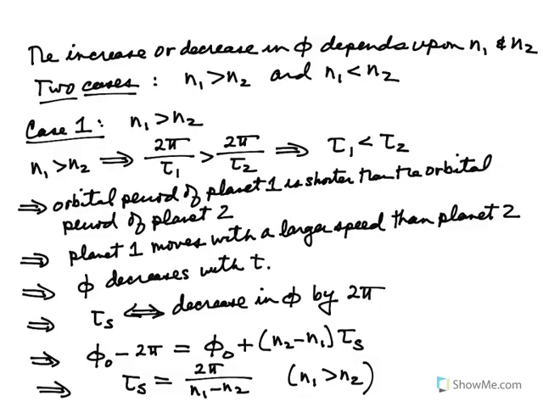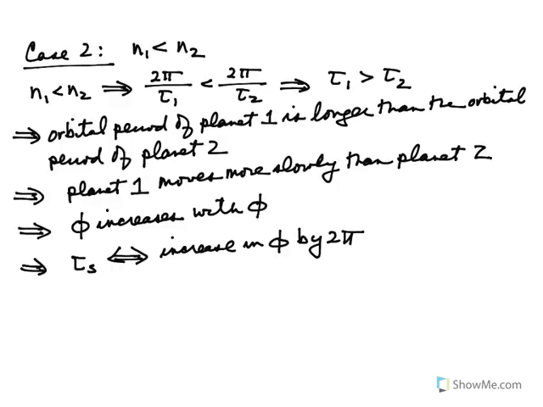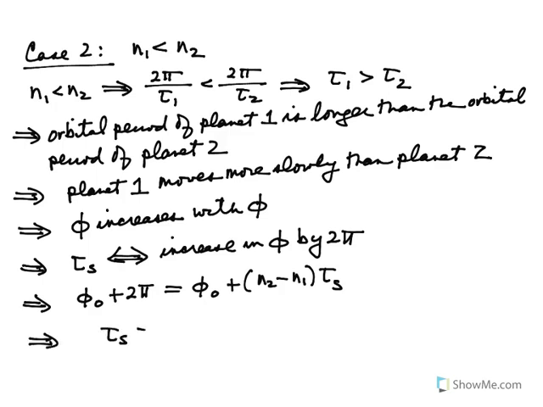And so you go through the exact same logic, which then implies that phi 0 plus 2 pi has to equal phi 0 plus n2 minus n1 times tau s, which implies that tau s is equal to 2 pi all divided by n2 minus n1, and that's for the case n1 is less than n2.